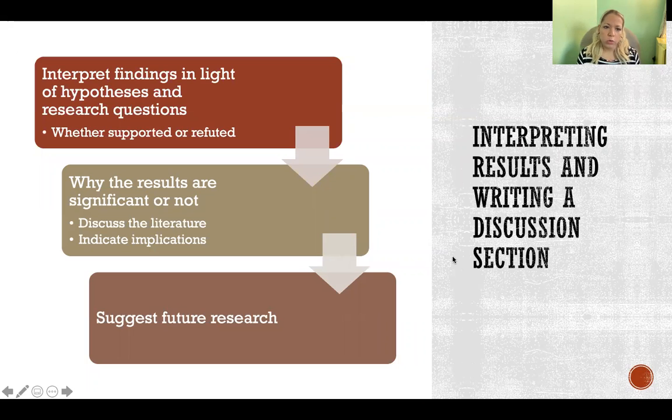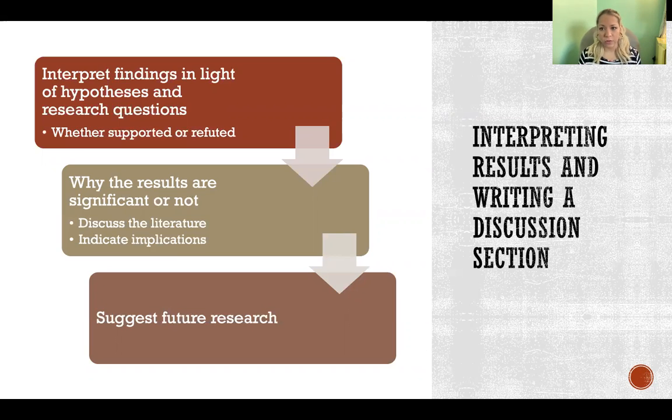Then you want to interpret the findings of your study in light of your hypotheses and questions. You need to discuss, based on the findings, whether you would accept or reject your hypothesis, or whether it answered your research question, and how so. So you want to go into depth there. And then, why are the results significant or not?